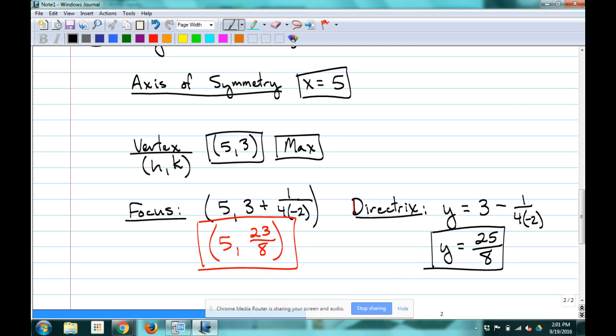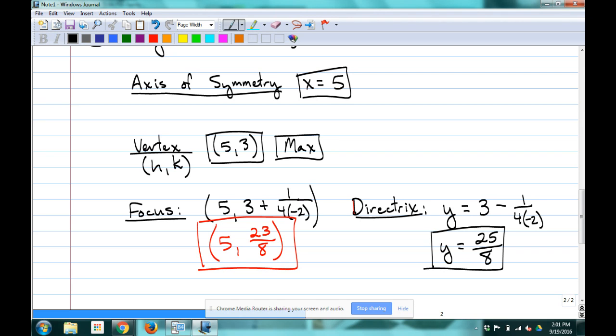The formula is 1/4 times a. So 4 times -2 is going to be the 8 that we're getting in the denominator. It's always going to be 1/4a that we add and subtract for the focus and the directrix. Always.